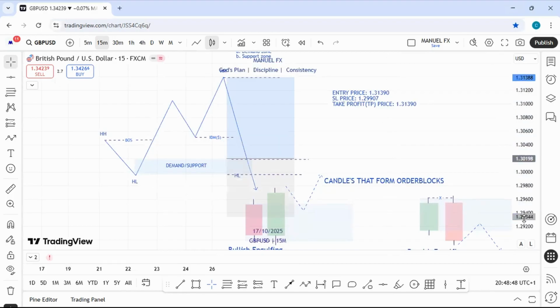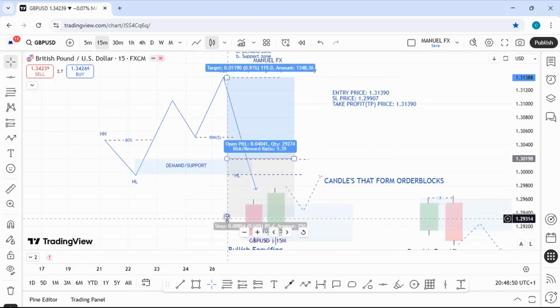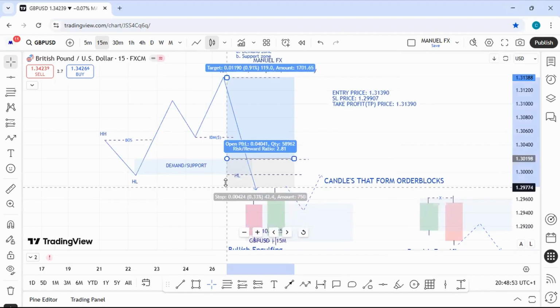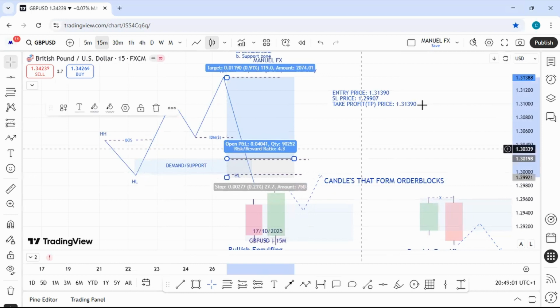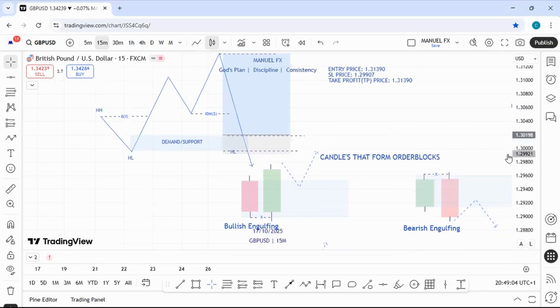It's not very far. To know your take profit, your entry, and your SL price, you have to move your position, this long position and short position too. The long position and short position too will tell you exactly where your SL price is. So we know that directly below here should be our SL price, and then when we check those numbers by the right, we see a value there.